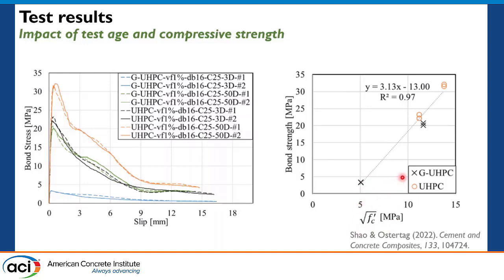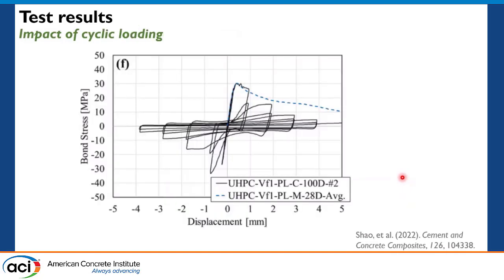And here we want to show the impact of reverse cyclic loading. So we have reverse cyclic load before peak as well as reverse loading cycles after reaching the peak load. What we can see here is before the peak load, there is minimal damage in the UHPC specimen. So the behavior was minimally impacted by the cyclic loading, basically following the monotonic curve.